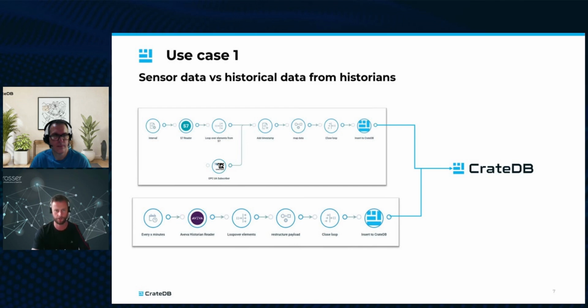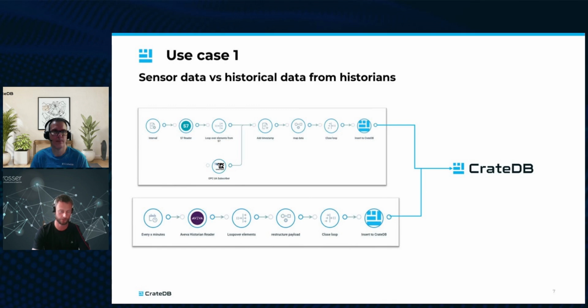The first one is getting information from different sensors in a harmonized way. So what you see in the first flow is that we read something from an S7 protocol, and we also have information coming in from OPC UA. For the OPC interface, we subscribe to data tags that we are interested in, and whenever there's a change, we generate a message that is going through this flow. And on the S7 part, we actively poll a set of data every X seconds.